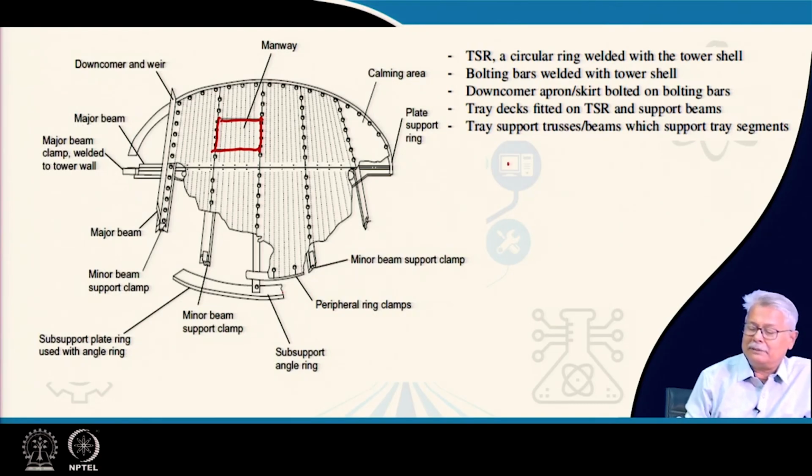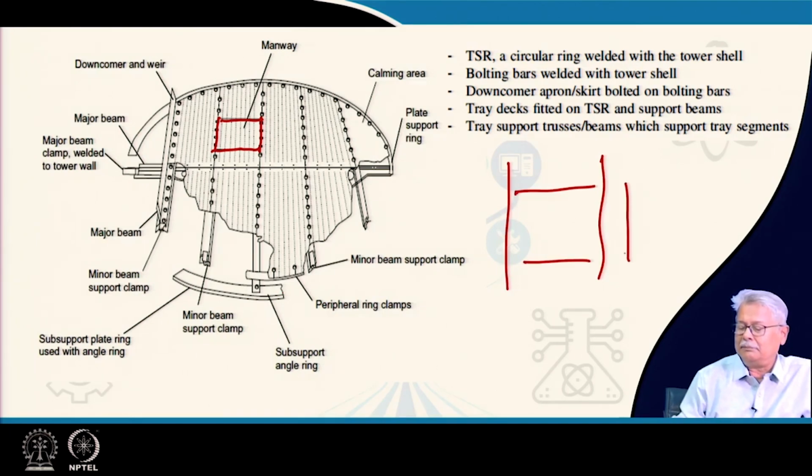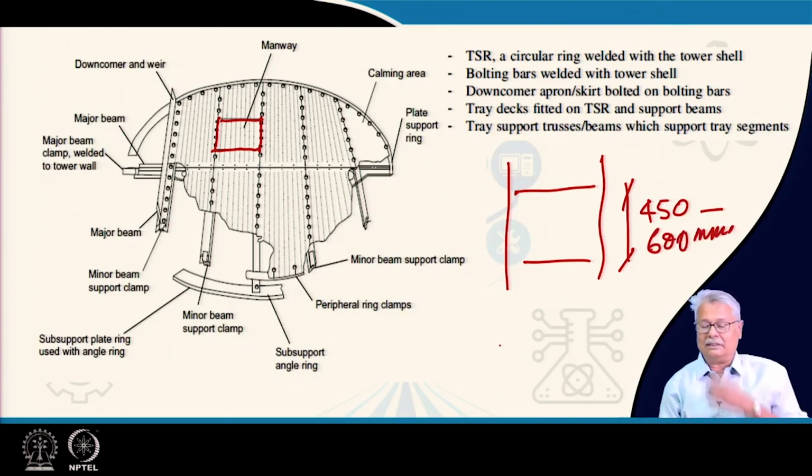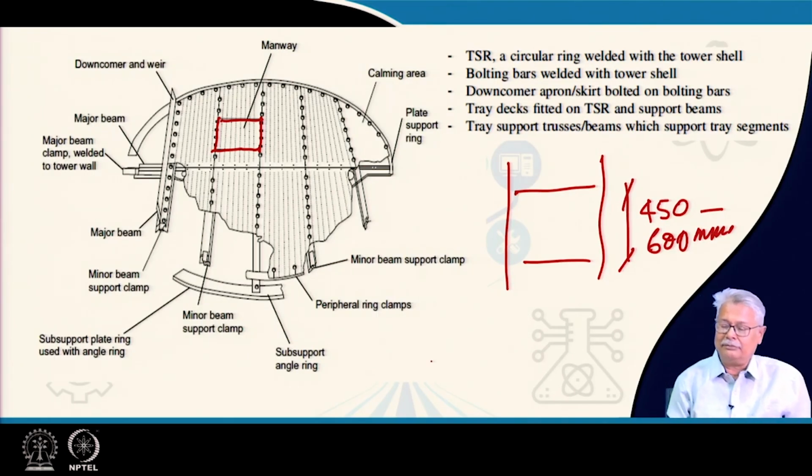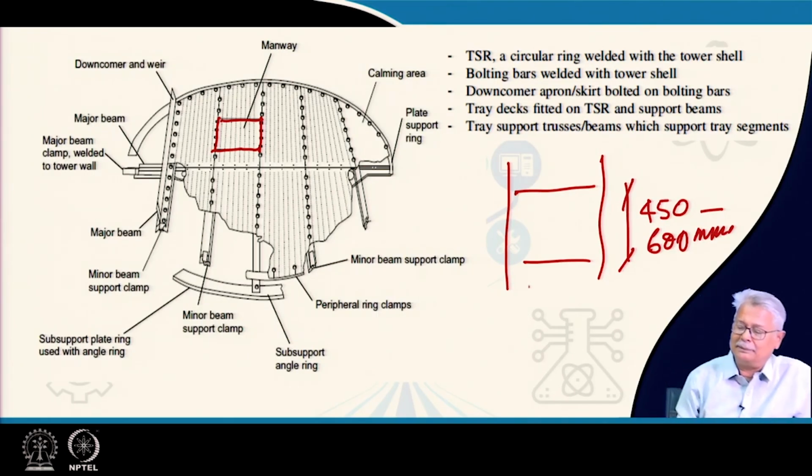You have typically in towers, the tray spacing is anything between 450 to 600 millimeters. Quite naturally, this has to be fixed. If this has to be fixed, then someone has to go in here. So, you require a manhole. Naturally, through the manhole someone goes in and fixes this.